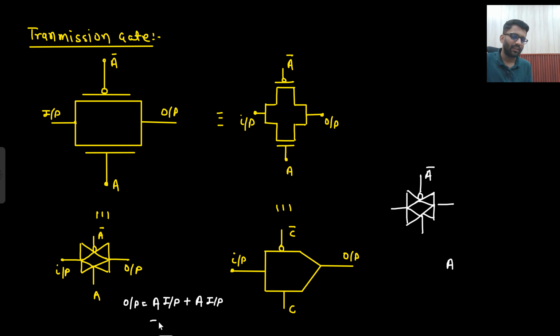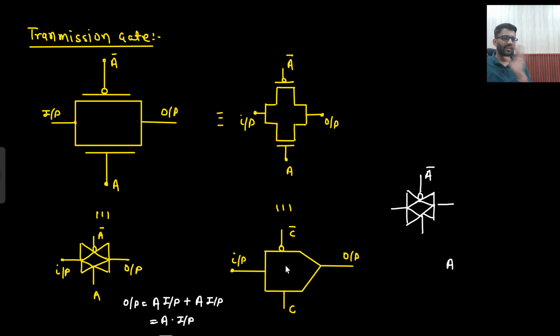So both do the same thing. A into input and A into input will be A into input only. For all the diagrams, if C is 1, then input will come. If C bar is 0, that means if C is 1, then input will come. A bar is 0 shows that A is 1. So if A is 1, input will come.